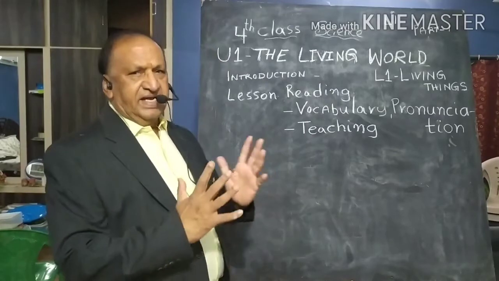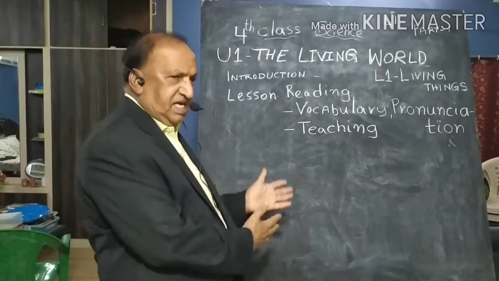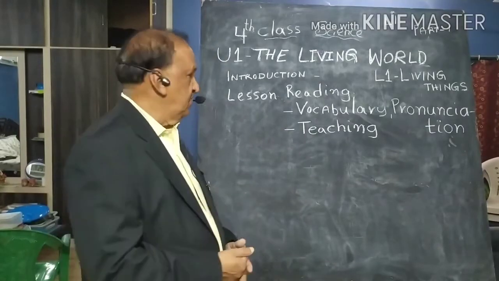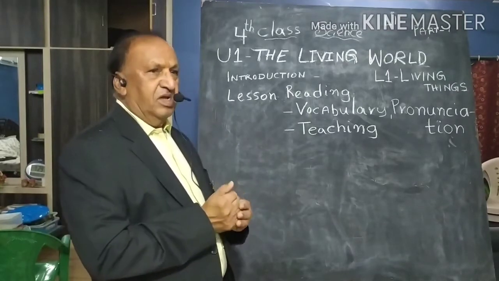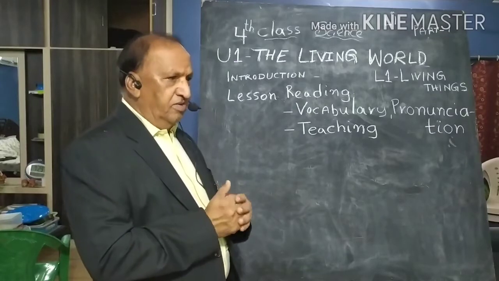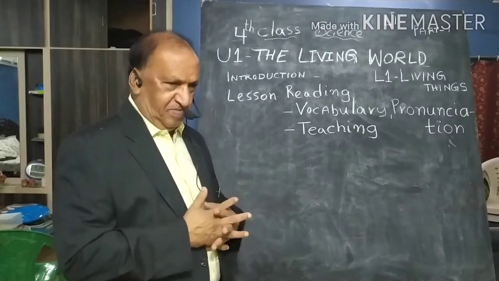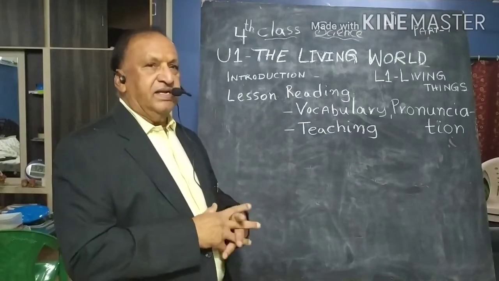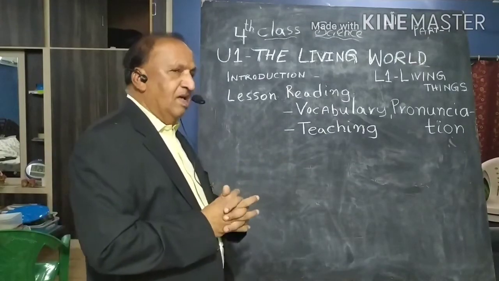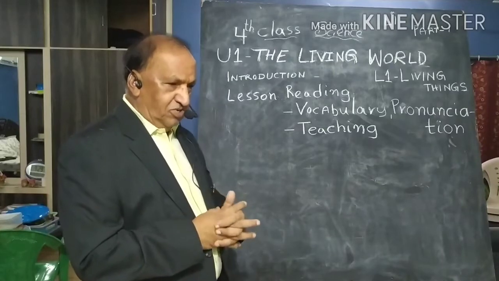First I'll give you an idea what are living things and what are non-living things. Then we go through the lesson. The things that have life, that's what we call living.